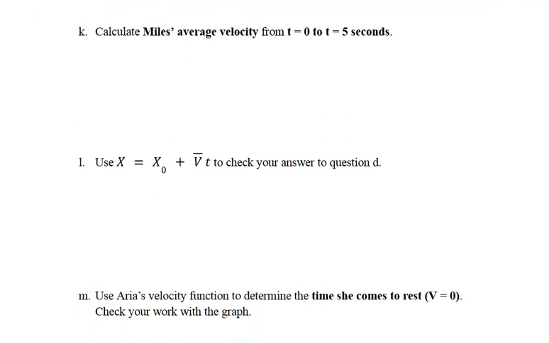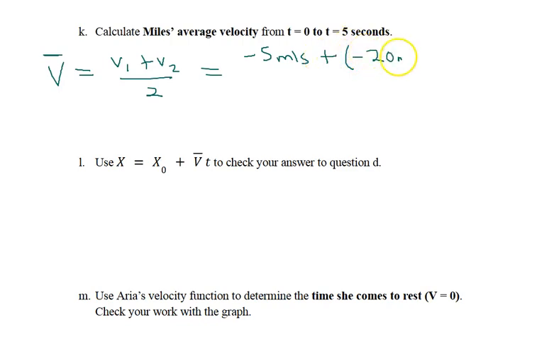Okay, we'll do the same thing for Miles, just to keep practicing. So this is so you can go on autopilot. His average velocity is the algebraic average of two velocities. He started going backwards at 5, and we're adding his second velocity, which is also backwards. So we're numerically adding two negative numbers.